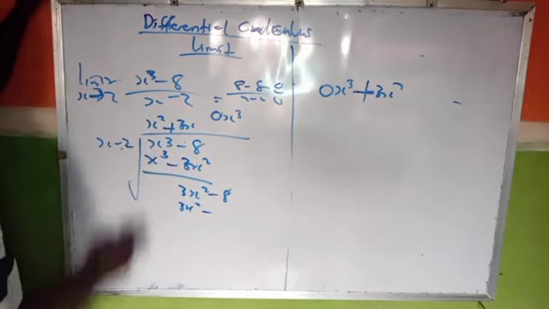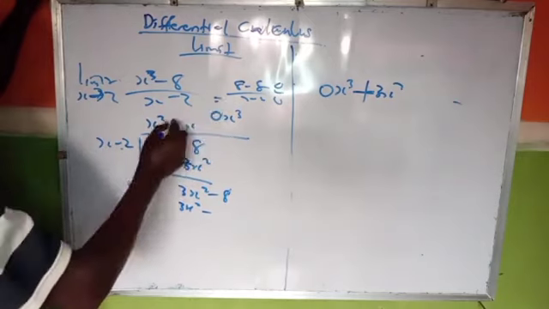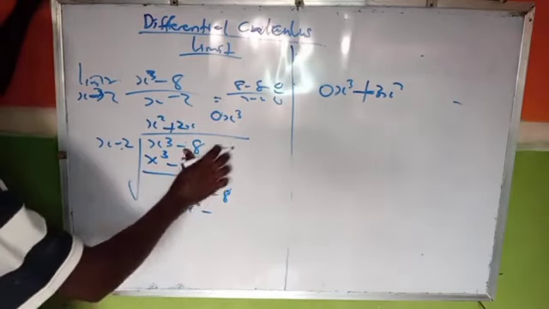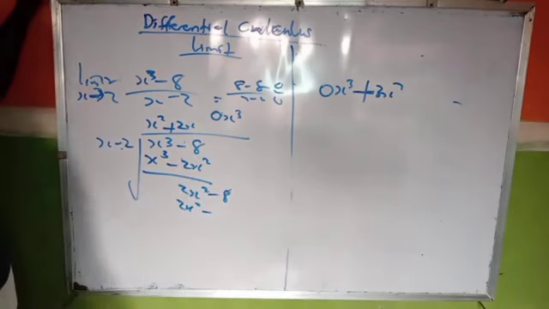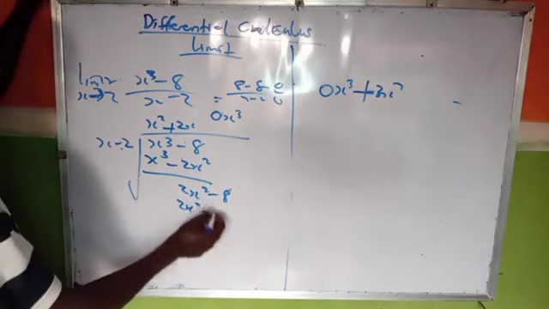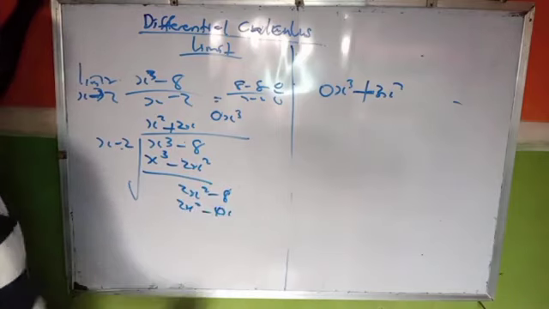Sorry. So what we have here is 2. So this multiplied by this, you will have 4x.